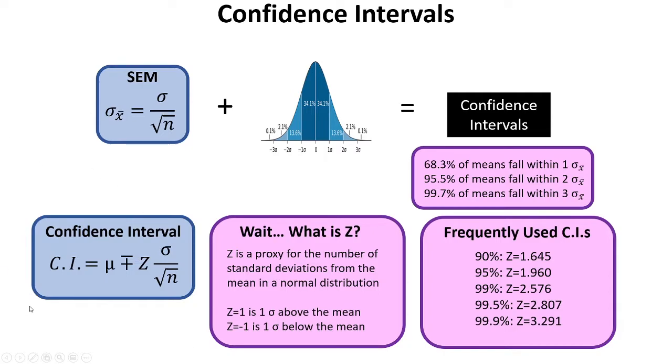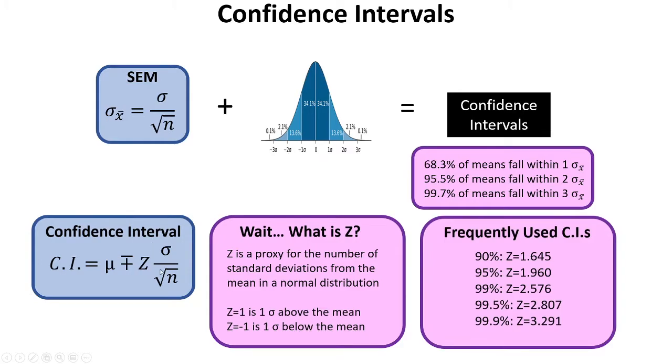So what this confidence interval is telling us is how close our sample means are going to fall to the true mean, right? So if you have the true mean and the true standard deviation, the population mean and the population standard deviation, you can now have an idea of how likely it is your sample is to be close to these true means and true standard deviations.